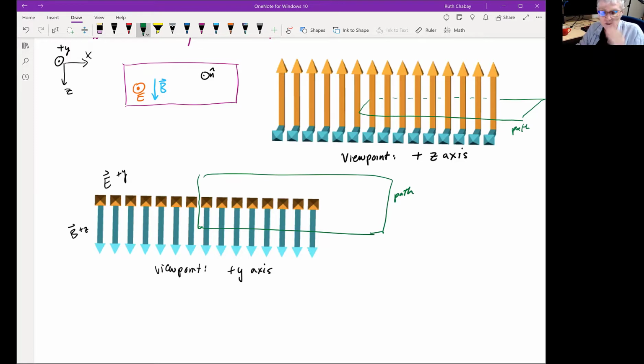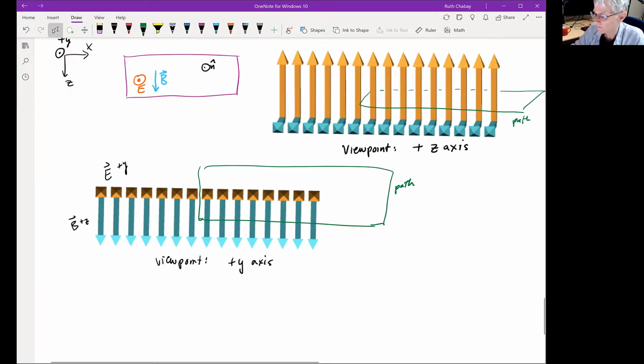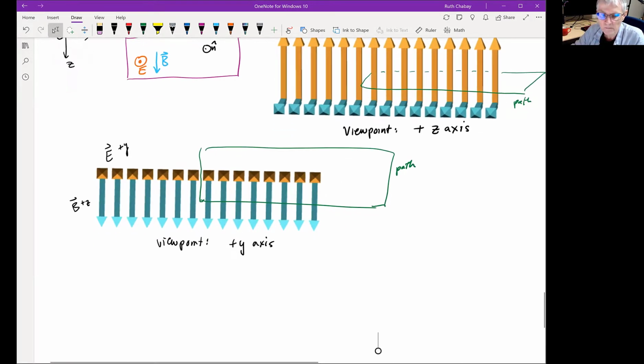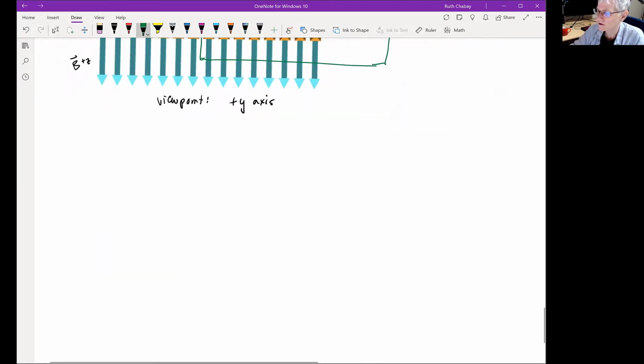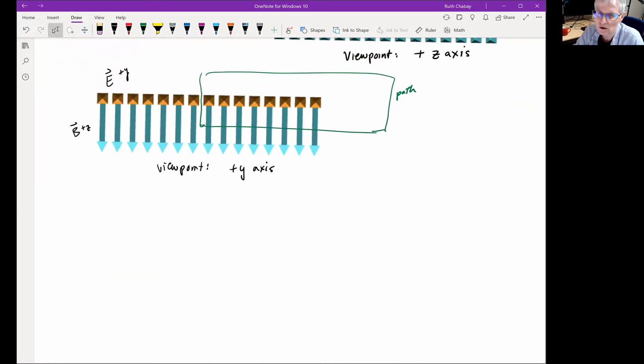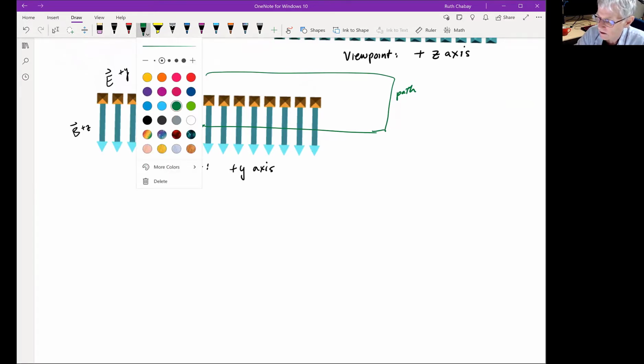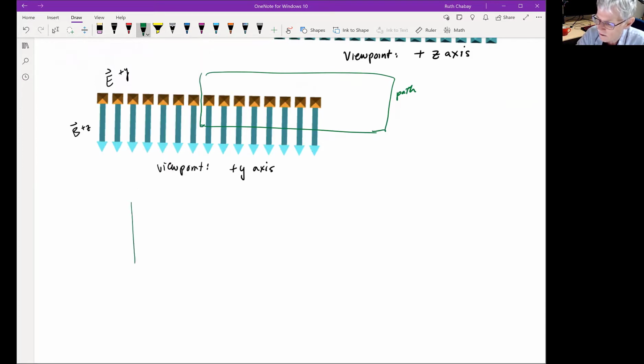And so now we're going to go through basically the same argument. It's going to look almost identical to what we did before with Faraday's law. So the idea is, here's our path. I'll draw it schematically.